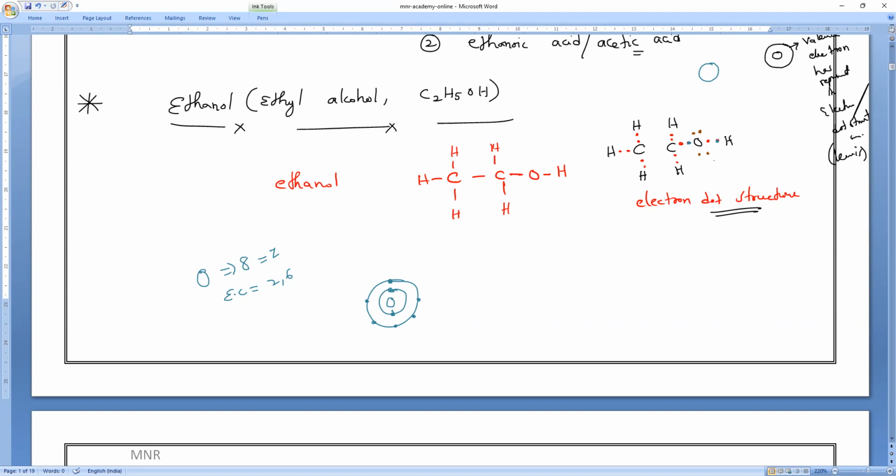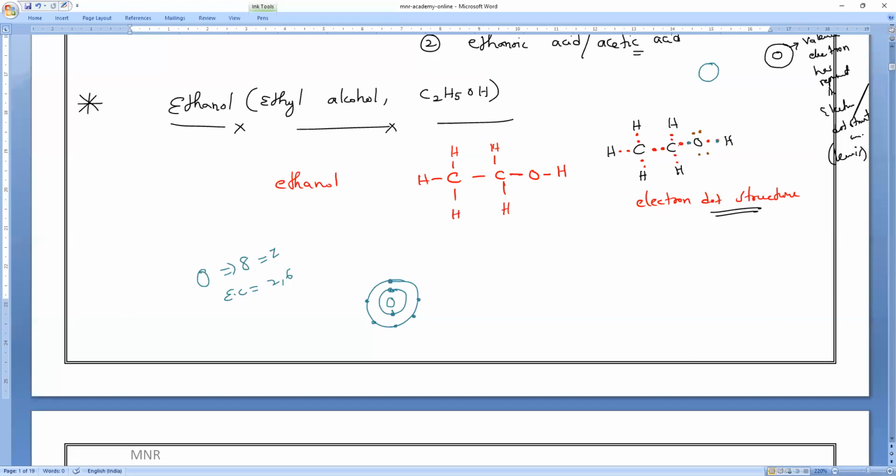So no more extra electrons will be there. Here also carbon and carbon share one pair of electrons, so there is no lone pair. Oxygen has lone pairs of electrons. In the electron dot structure, lone pairs of electrons always have to be represented. Understanding, everybody? Clear? Yes, sir.